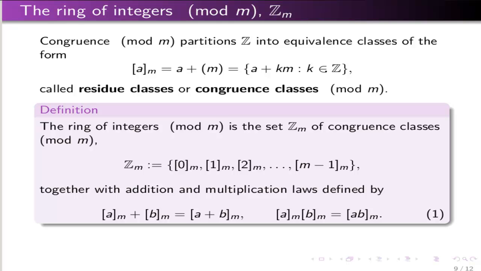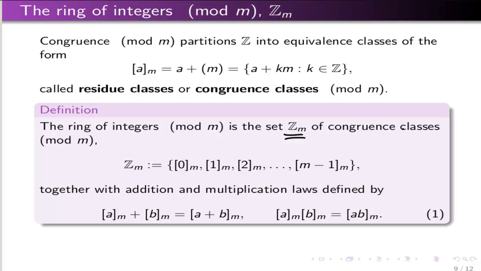Okay, with the idea of a congruence class, we can then define the ring of integers mod m, and I'll denote that Z sub m like this. So the ring of integers mod m is just the set of all congruence classes.